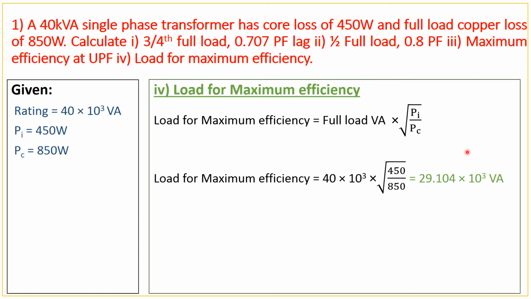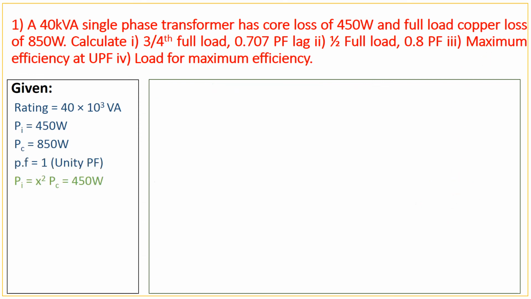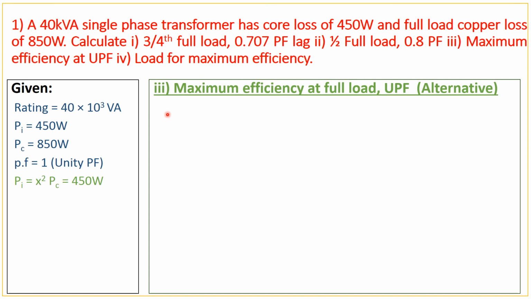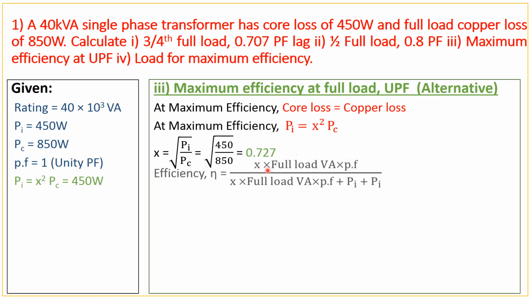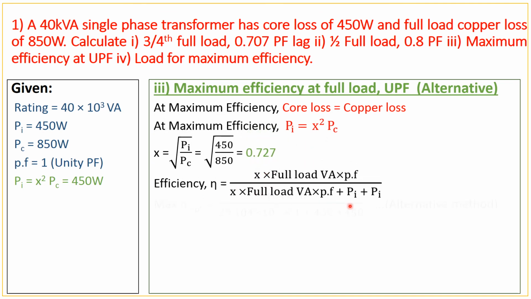Now, taking this into consideration, I want to tell you one more alternate method for the third condition. As per the third condition, we have seen that efficiency is maximum when core loss is equal to copper loss and x is equal to 0.727. Efficiency is same, right?